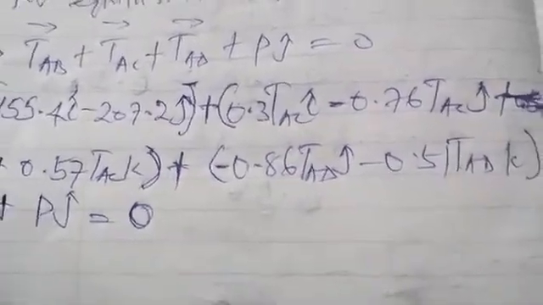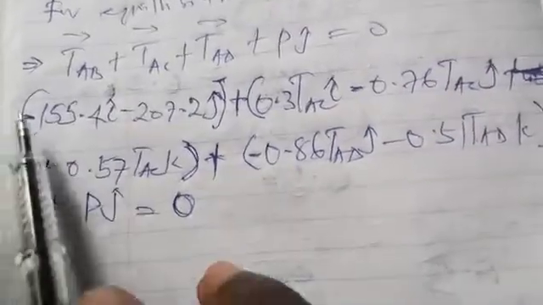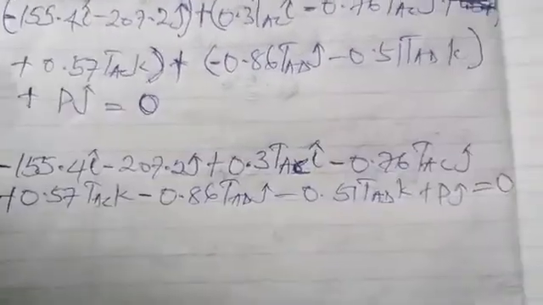So we'll have this. Let's remove the brackets and write them out individually. All we did was just remove the brackets and write everything we have here down. Let's collect like terms in unit vectors.